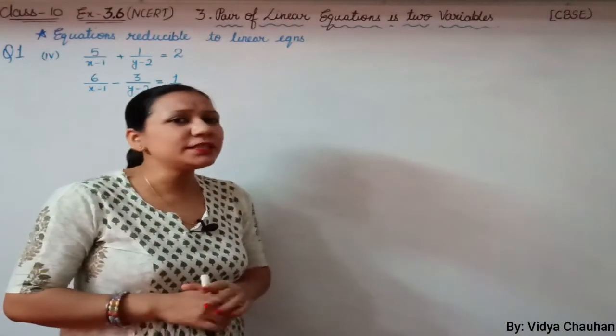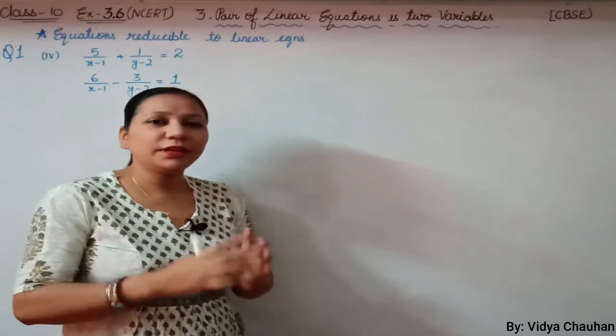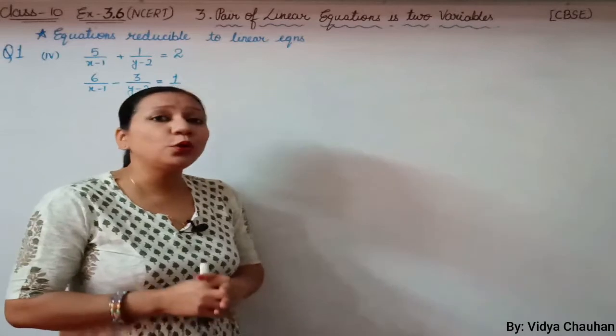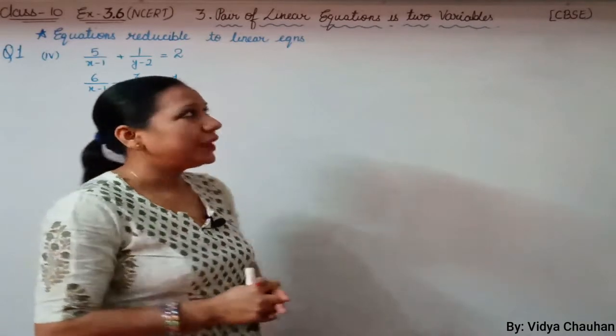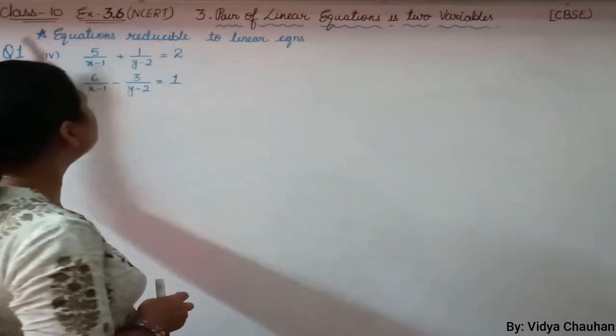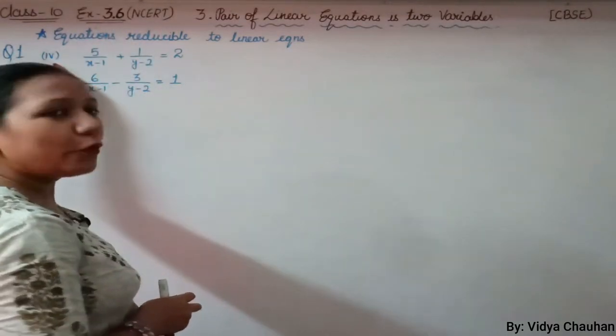So the equations are given to you, but they are not in the linear form. As you can see, I have taken a question from your exercise 3.6, question number 1, fourth part.